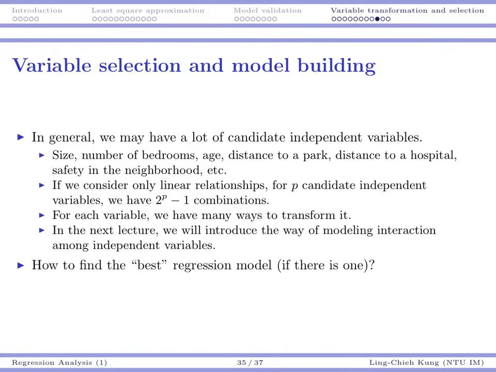So we can have 2 to the power of p minus 1 combinations. We need to try so many different regression models to see which one is the best, right?